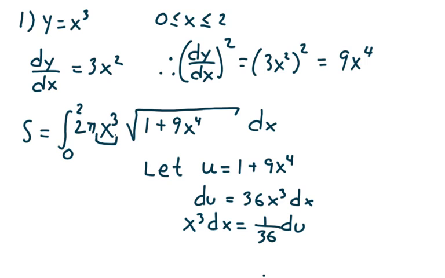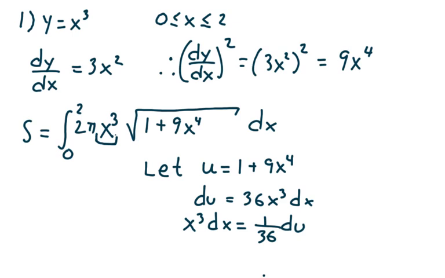So S, plugging it into the formula, is the integral from 0 to 2 of 2 pi y, where y is x cubed, times the square root of 1 plus 9x to the fourth dx. And remember, (dy/dx) squared is 9x to the fourth.